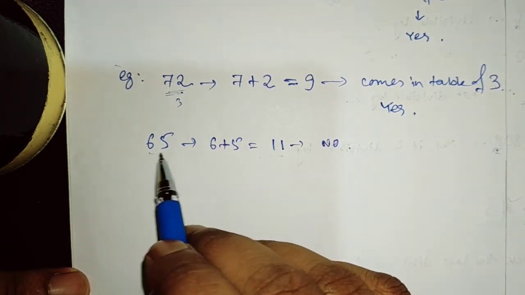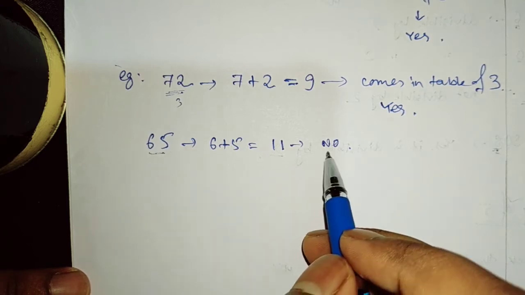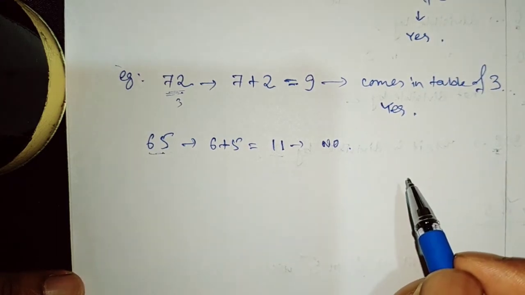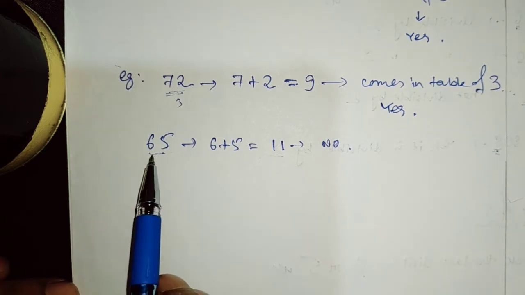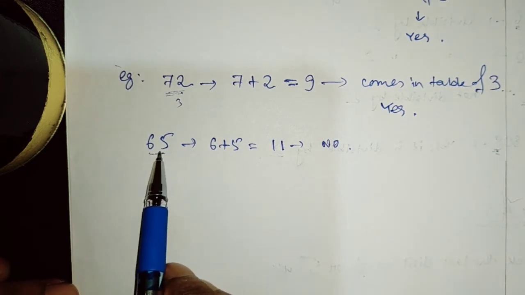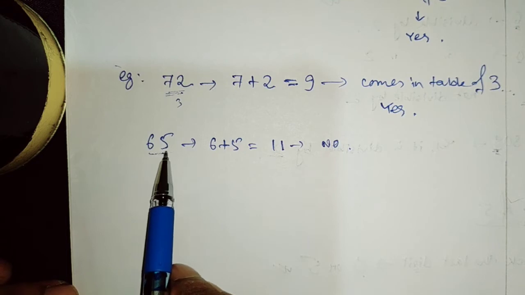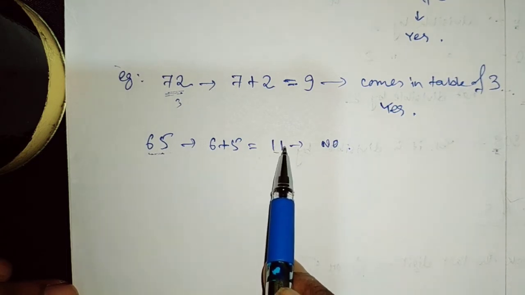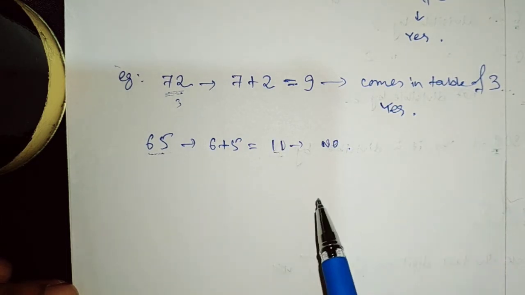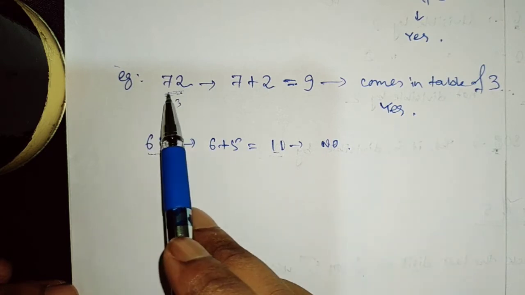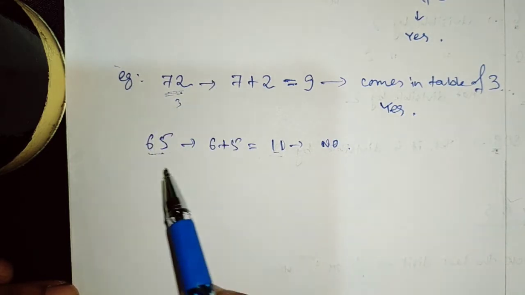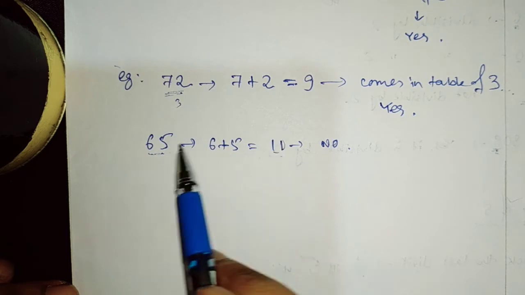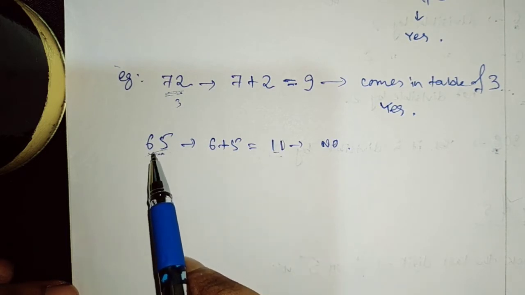That means 65 is not divisible by 3. We just have to take the sum of the digits and see whether that number comes in the table of 3 or not. If yes, then that whole number is divisible by 3. If no, then that number is not divisible by 3.